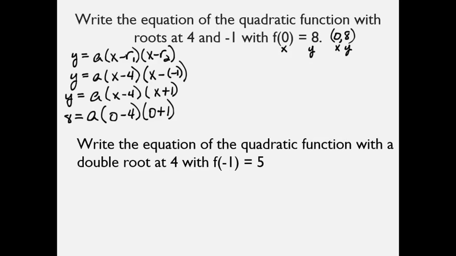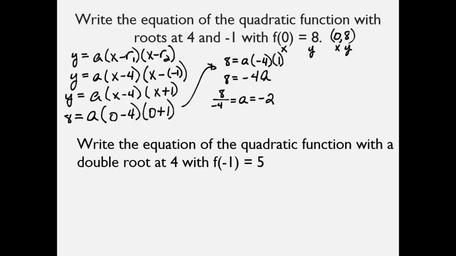Now all I have is an a, so I can solve it. So 8 equals a times negative 4 times 1, or negative 4 times a. So when I divide by negative 4, a is equal to negative 2.